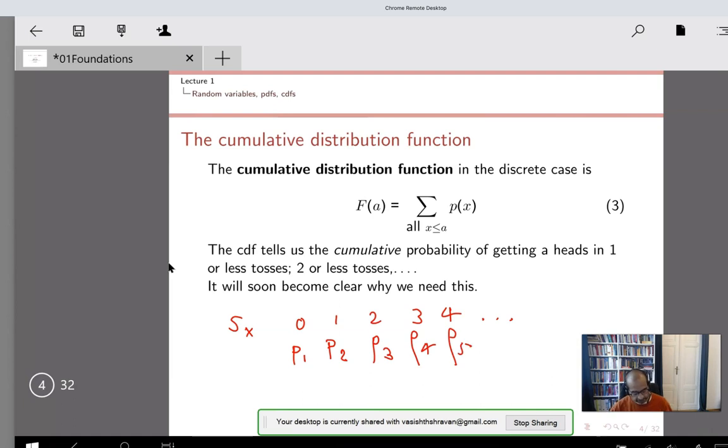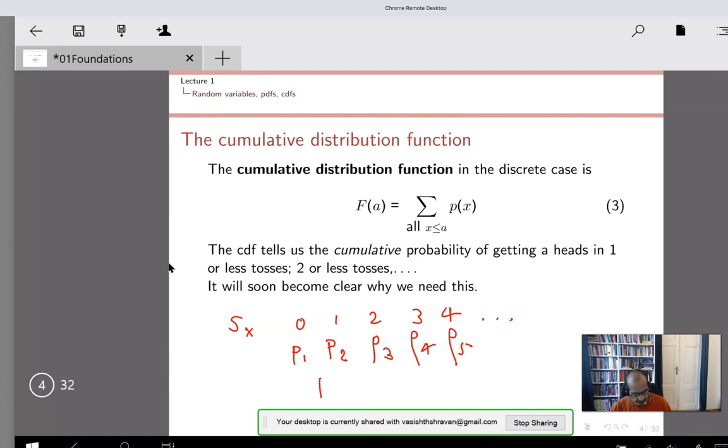Okay, so these are different probabilities of having to toss the coin x number of times till you get a heads. But you can now ask a question like, what is the probability of observing 0 or 1 heads? What's the probability of having to toss the coin 0 or 1 times, or 0, 1 or 2 times, or 0, 1 or 2 or 3 times until you get a heads, right? So you can ask about cumulative probabilities.